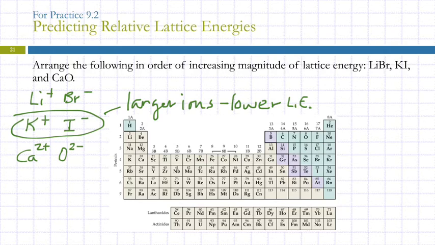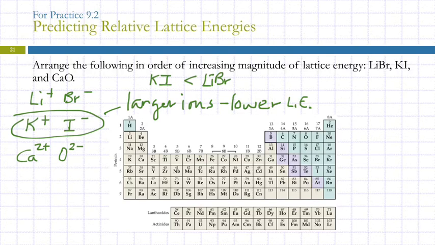So I'm supposed to arrange these in order of increasing. So if I do these two, I'm going to have lithium bromide is lower in lattice energy. Nope. Is higher in lattice energy than KI. Did I do that right?